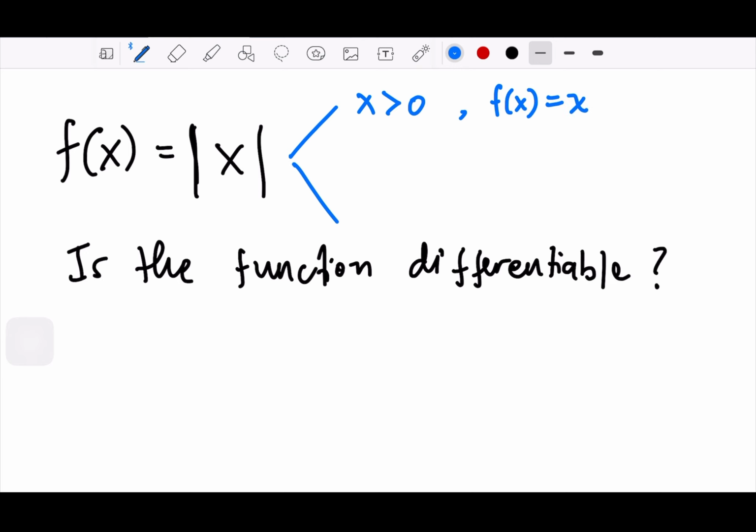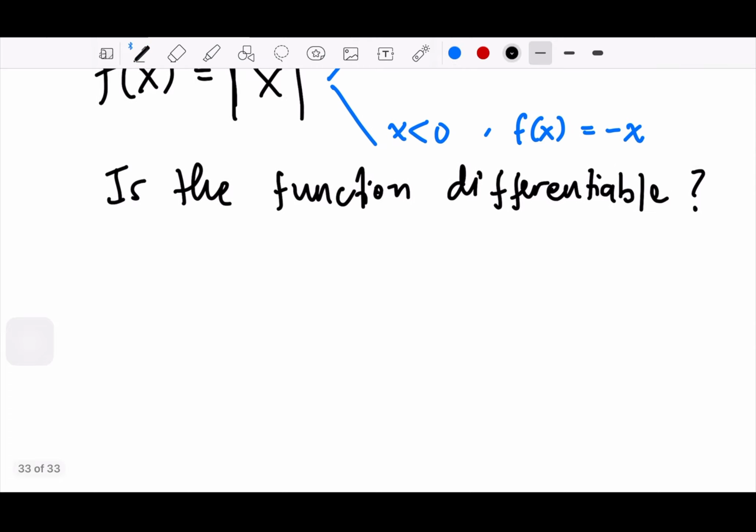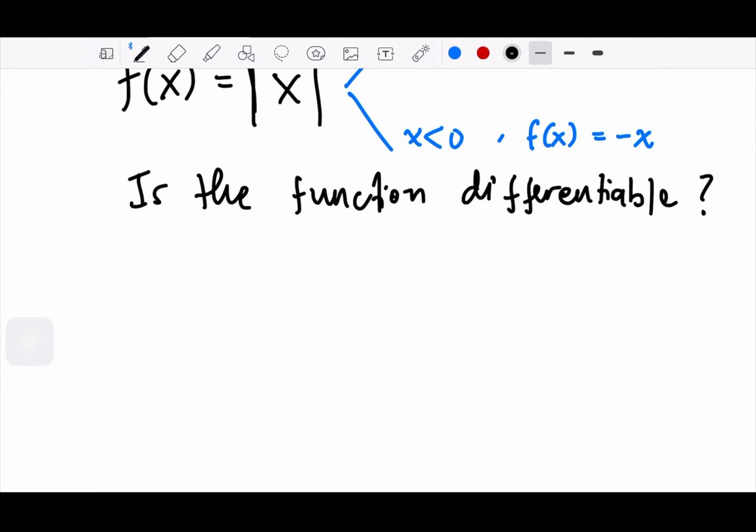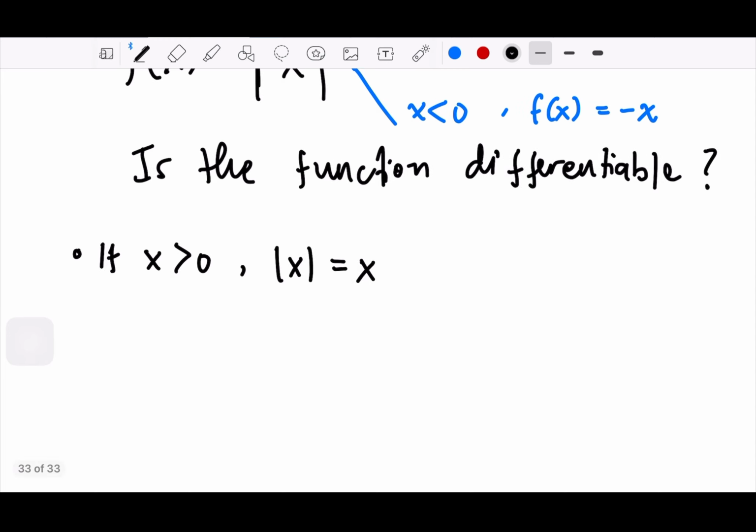When x is negative, the function is negative x. Now we can set up. If x is positive, then the absolute value of x is x, and then we can choose some h such that x plus h is still positive.